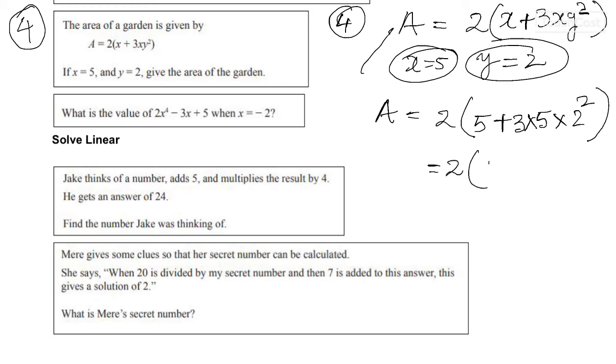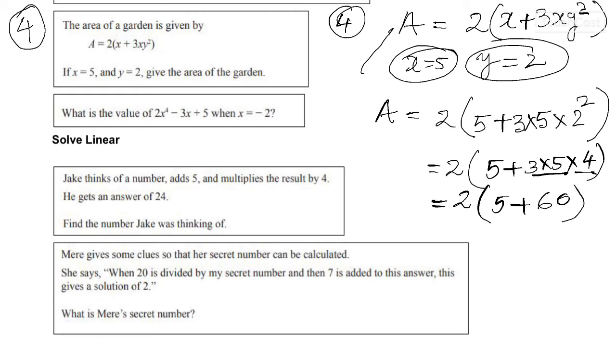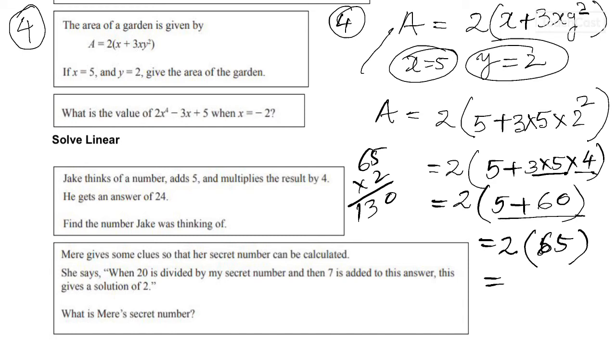So 5 plus 3 times 5 times 4, equals 2 lots of 5 plus 3 times 5, which is 15. 15 times 4 is 60. Bracket next: 2 lots of 65, which will give you 130. That is the answer.